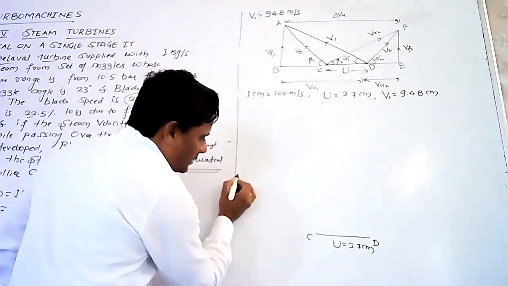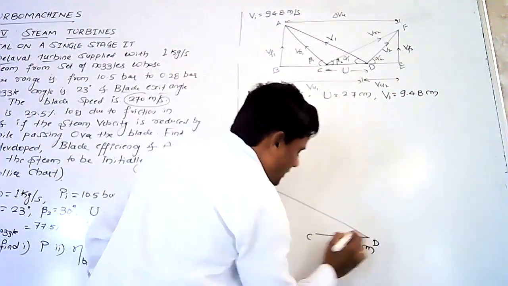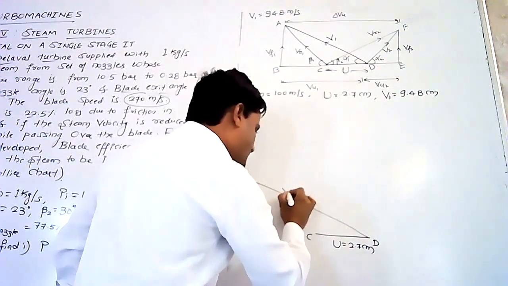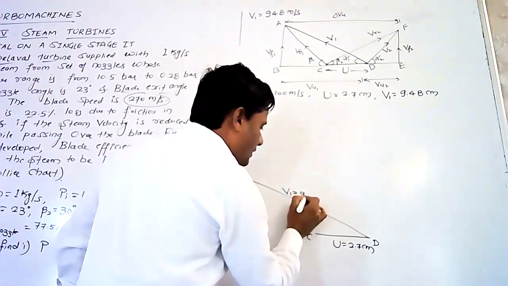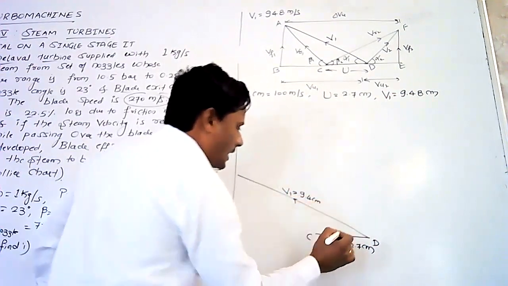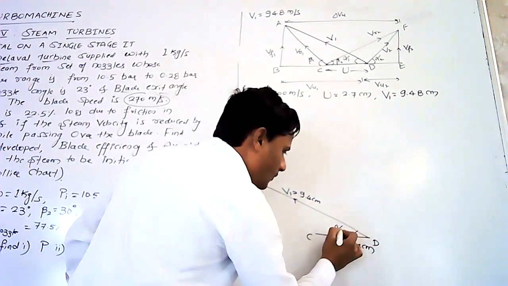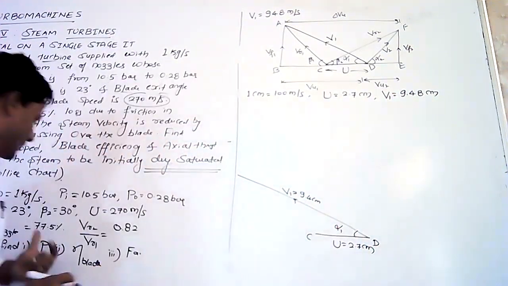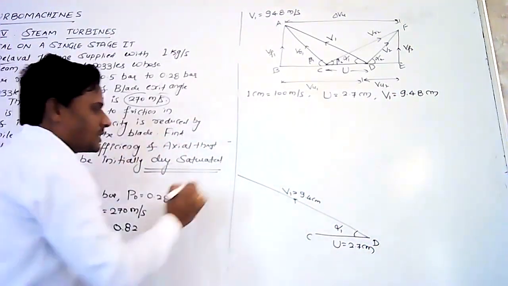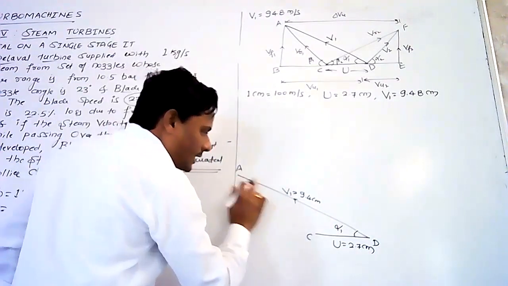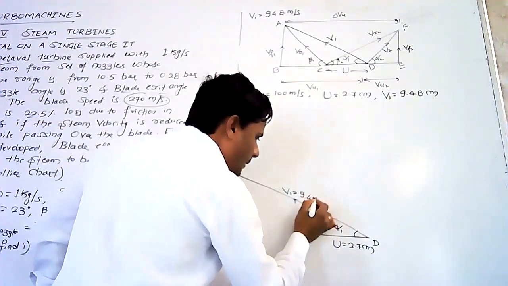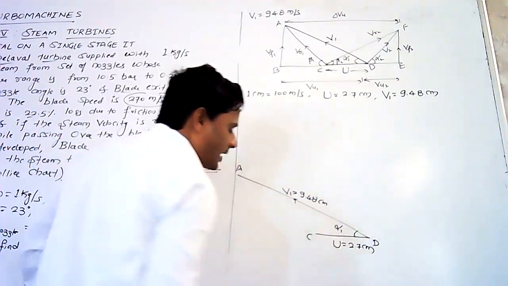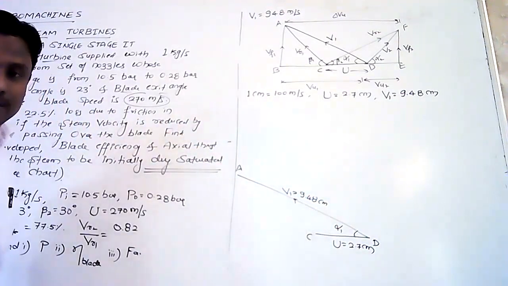So this is the line of 23 degrees. Velocity V1 equals to 9.48 centimeters, at an angle of alpha 1 equals to 23 degrees. So this is of course the point A.